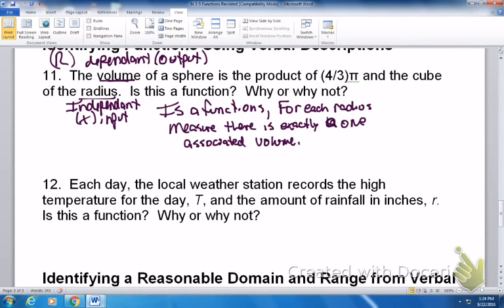So guys, these can be kind of tricky, but you have to think about what's happening, okay? If you're talking about a sphere like the balloon, the bigger the radius, the more volume becomes inside of it. That's why every radius I put in will give me a different y value.